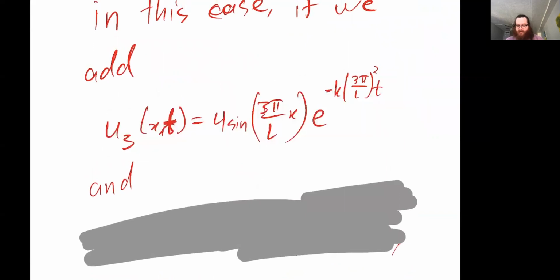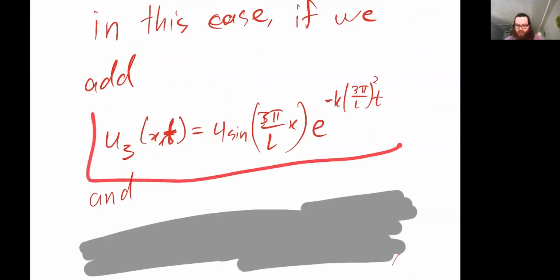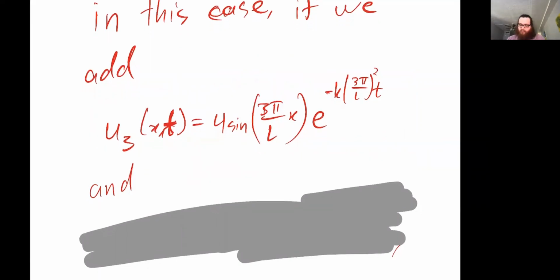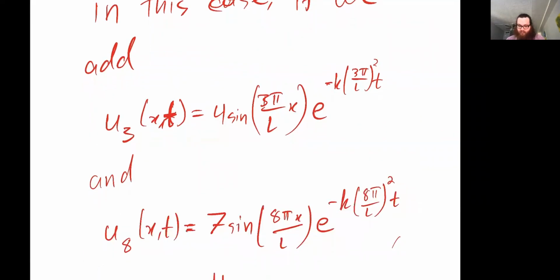So in this case, if we take this solution, which we had from the last example, and if we add it to this solution, 7 sine of 8 pi x over L times e to the minus k (8 pi over L) squared times t.